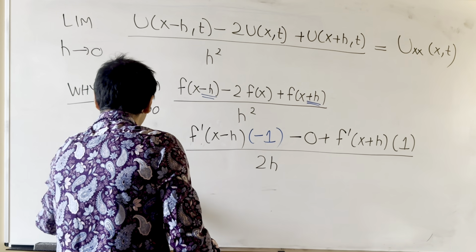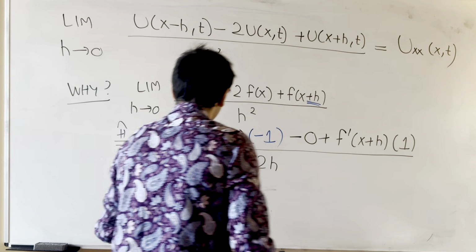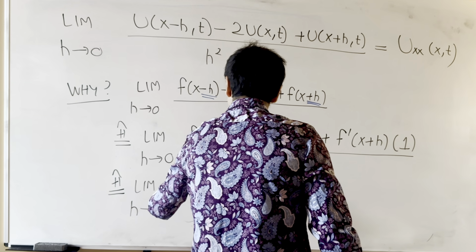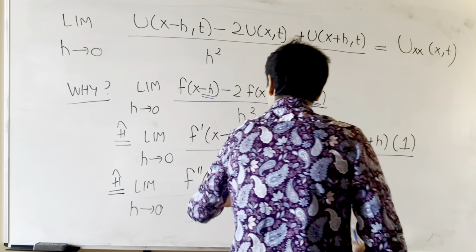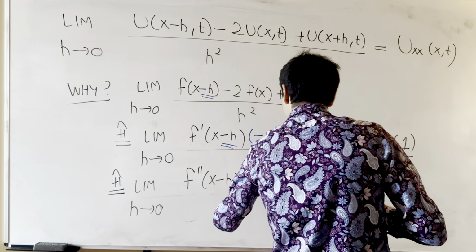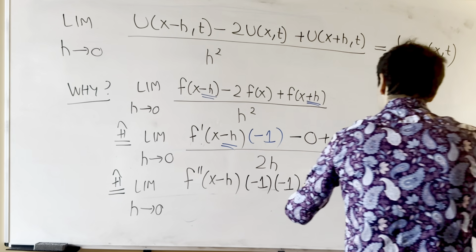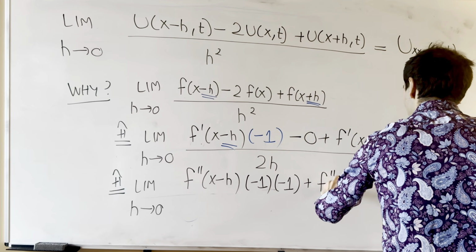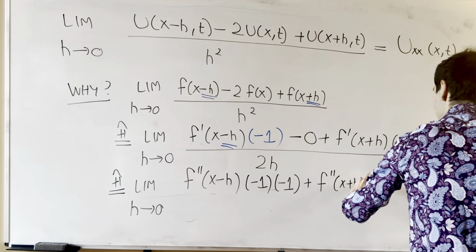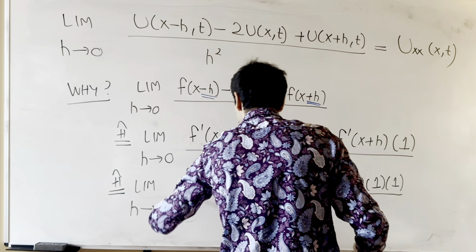So this, by L'Hopital's rule, is the limit as h goes to 0. And now f double prime of x minus h, and once again, times minus 1. But we also have this minus 1. And then same thing here, f double prime of x plus h times 1 times 1, and this time over 2.